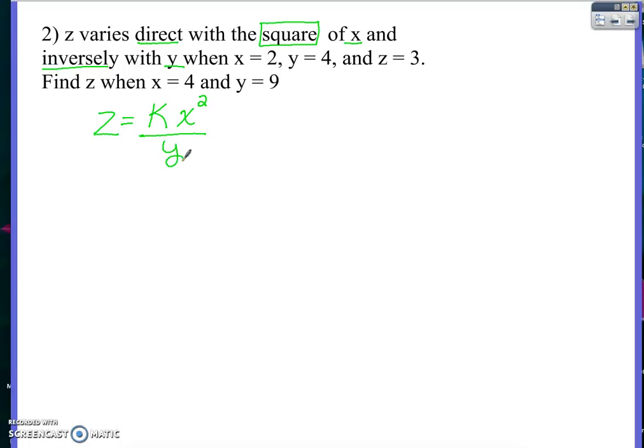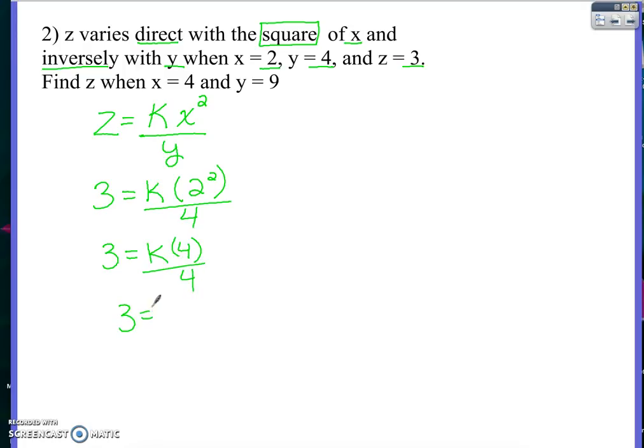So at this point, you can go ahead and plug in your known values for x, y, and z and solve for k. So I have 3 equals k times 2 squared divided by 4. So 3 equals k, 2 squared is 4, divided by 4, that gives me 1, so 3 is equal to k.